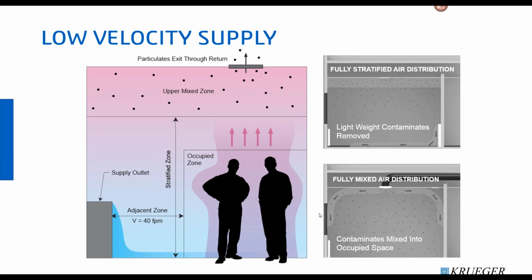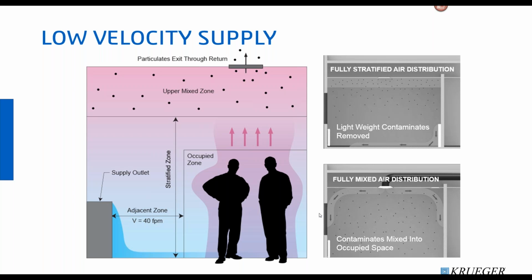All right, so in this slide we see a sliced, elevation view of a typical displacement setup. In the image to the left, there is a displacement unit in the bottom left-hand corner, up against the wall. Typically, we focus on placing displacement in these perimeter locations because that's located in the adjacent zone. The adjacent zone is defined by ASHRAE as about 3 feet away from the outer walls.